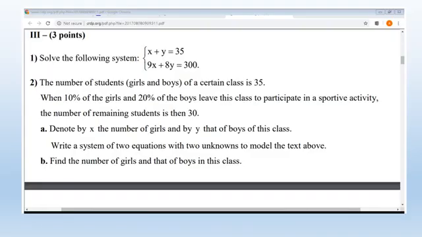Now finally, we have the last part in this exercise, which says find the number of girls and that of boys. We have agreed before that the number of girls is x and the number of boys is y.